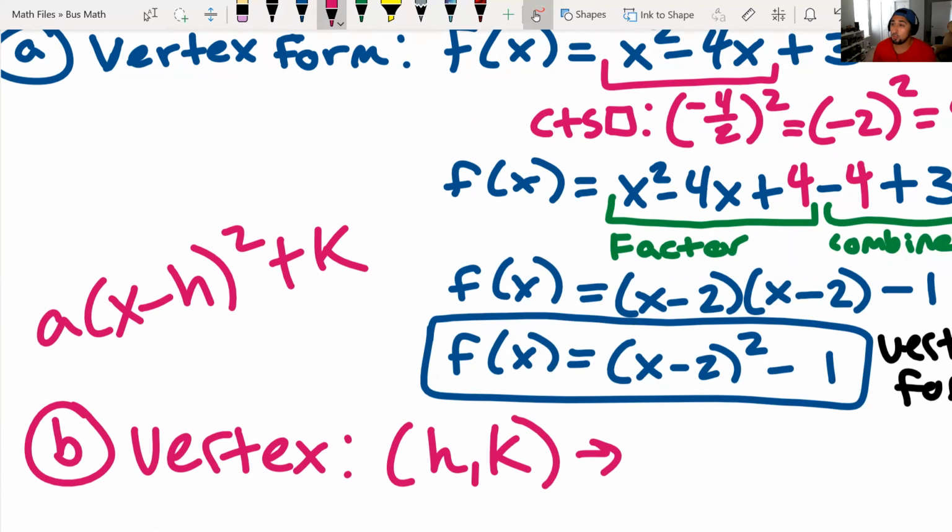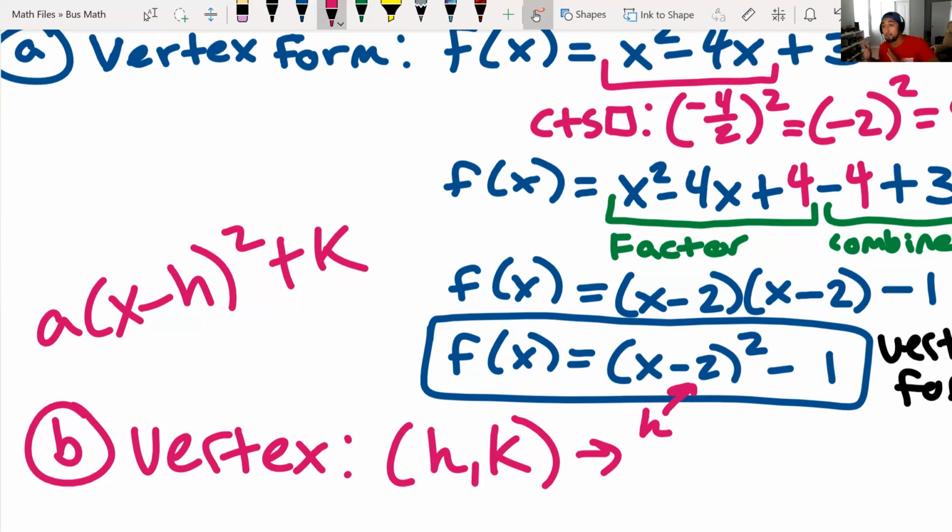So listen carefully, whenever we state the h value, we always say the opposite. So look at our vertex form. Our h value says -2. But since this is a horizontal transformation, it means you shift everything to the right 2 units.